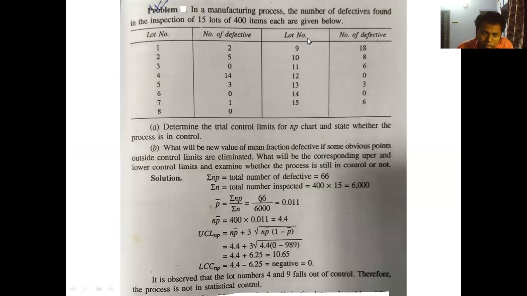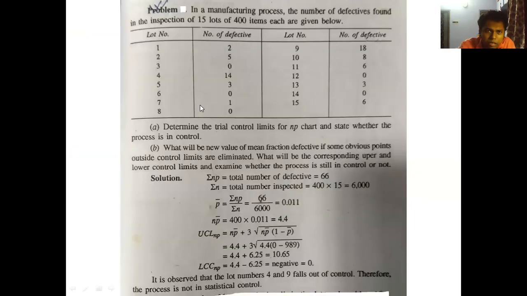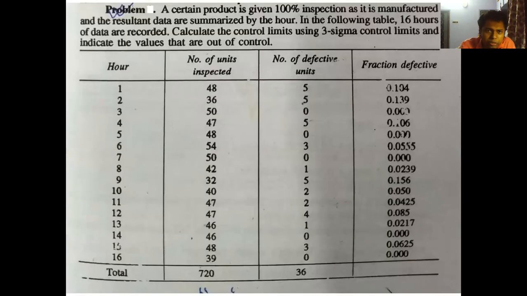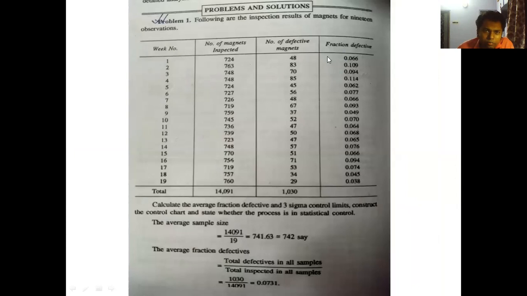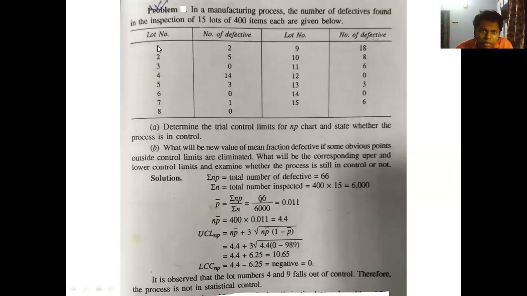You can see here that in case of the P chart, you have different subgroup sizes. In the earlier problem, the subgroup sizes are different: 724, 763, 748. But in case of the NP chart, your subgroup size is the same, because in the manufacturing process, the number of defectives was found in the inspection of 15 lots of 400 items.